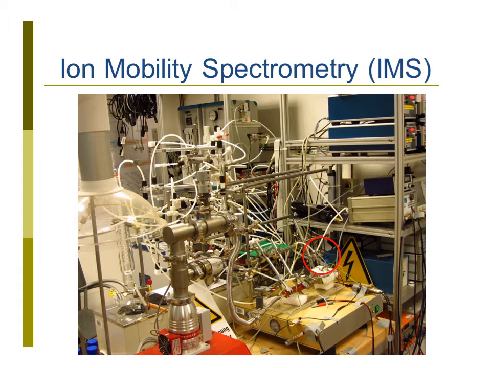So this here is a so-called ion mobility spectrometer. Actually, of all this that you see here, the spectrometer is this little device here. The circle went a little up there, but this is what we want to use. All the other stuff here is electricity supply.